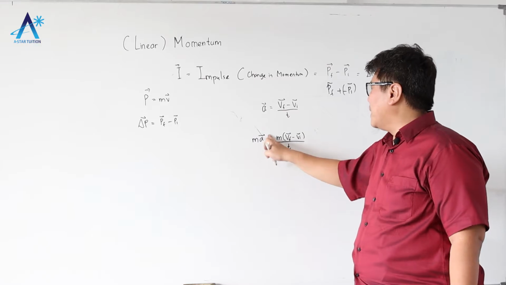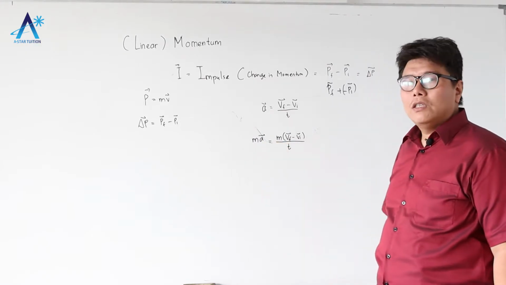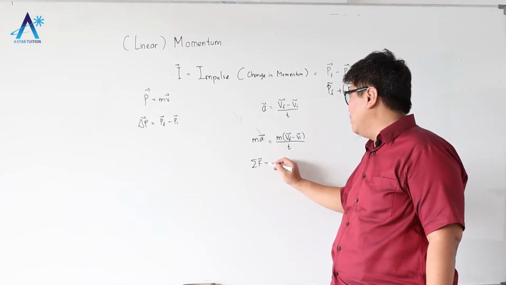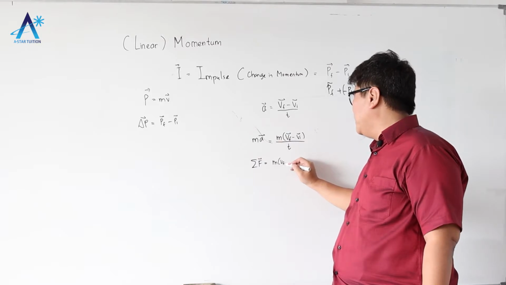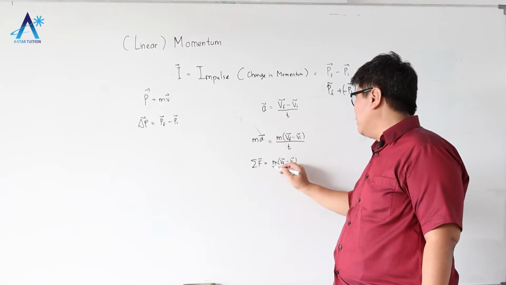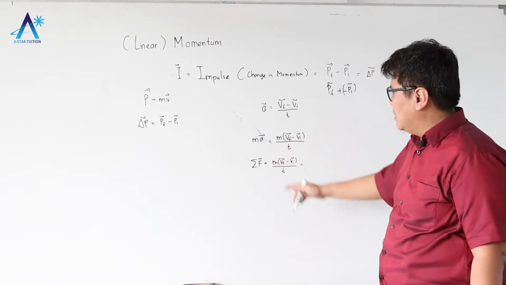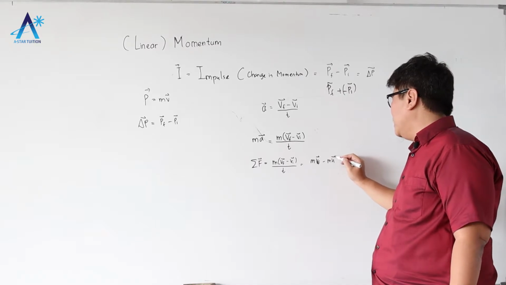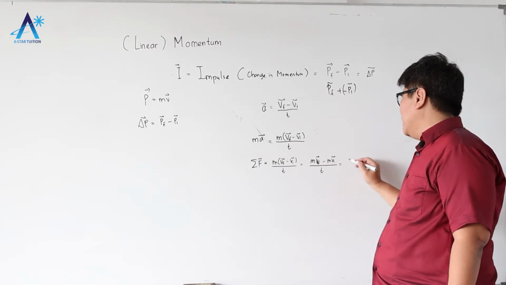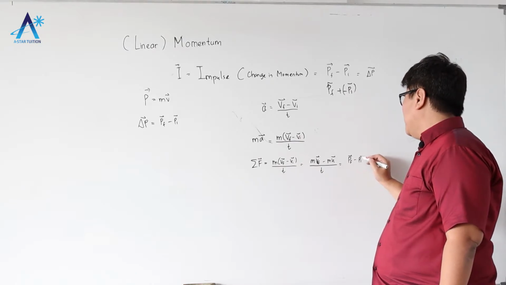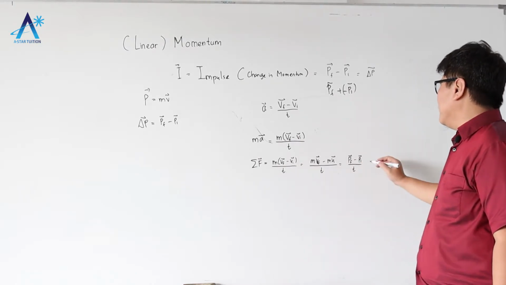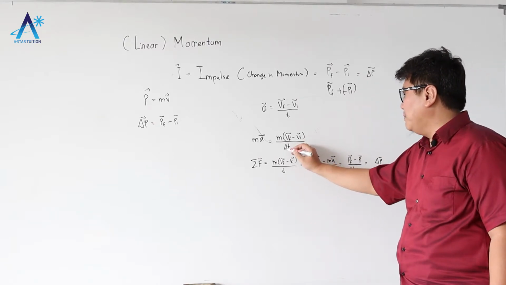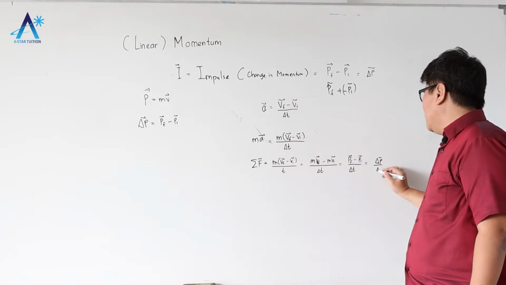When you multiply mass with acceleration, that is, according to Newton's second law, the resultant force. So if we distribute this, you get m v final minus m v initial over time. So this is P final minus P initial over time, or delta P over, let's call this delta T, change in time.